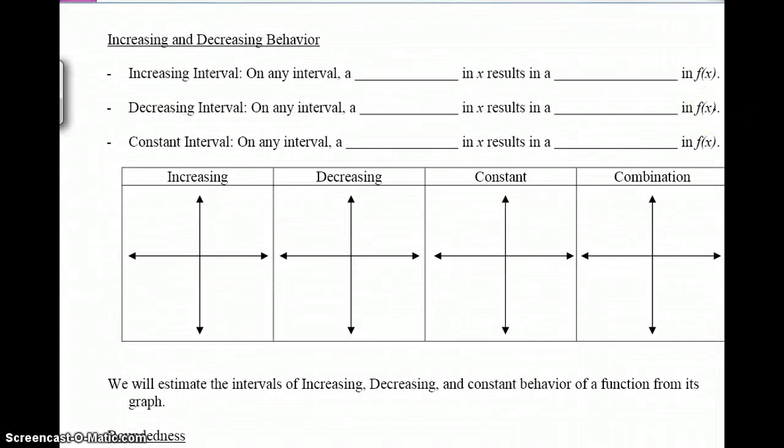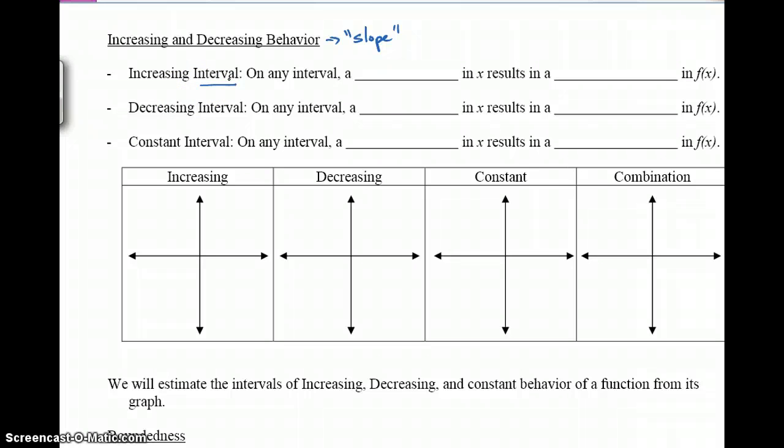Now we also need to talk about increasing and decreasing behavior, and this is very similar to the idea of slope. It's not slope. Slope is only for linear equations. But when we talk about increasing and decreasing behavior for other types of graphs, we talk about it on a set interval.